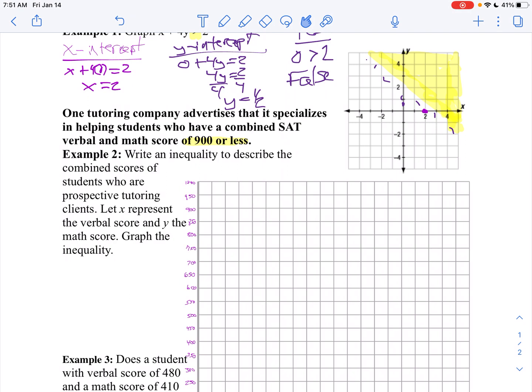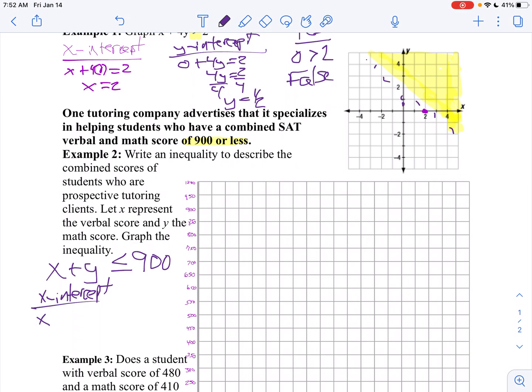So first thing we're just going to graph that. I know my total has to be 900, so I'm going to add the 2 up. So x plus y has to be less than or equal to 900, because you could include 900. So notice my x and y intercepts are both 900, because if I do my x-intercept, I make y 0.